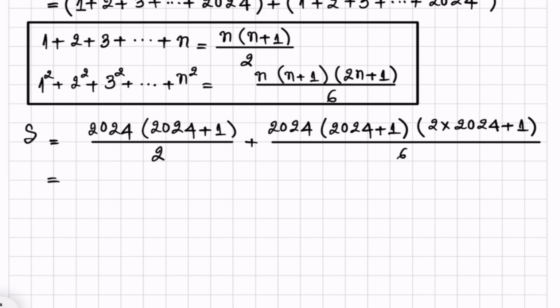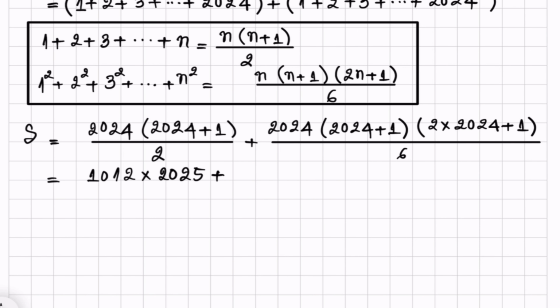Then we will get, so 2024 simplify with 2, we will get 1012 times 2025, okay, and then we can simplify 2024 with 6, okay, and we will get 1012 times.